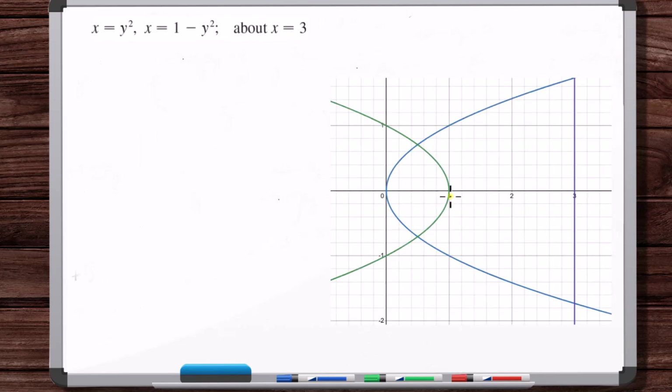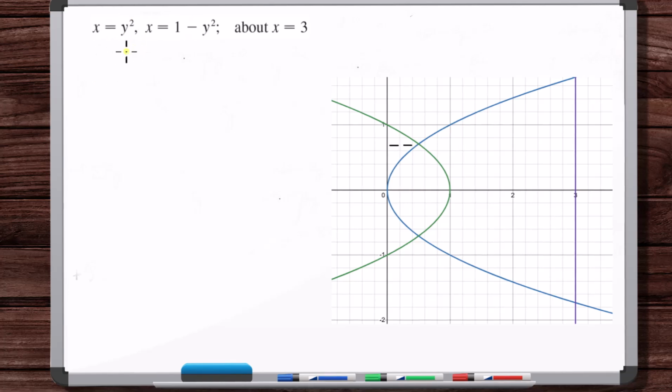Okay, last problem. We want to rotate this area contained within these two curves about x equals 3. We're going to treat y as the independent variable, and we'll integrate from 0 to the value where they meet here. What value is that? We need to set these two equations equal to each other.